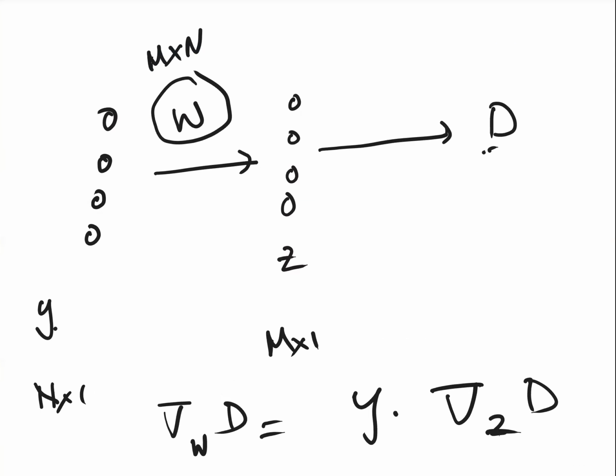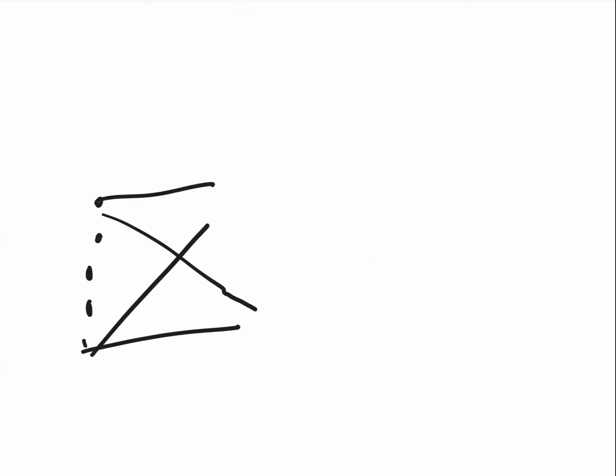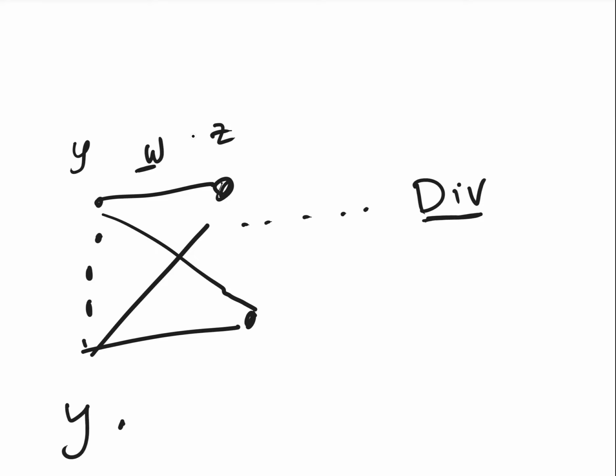So going back to our figure here, if I have a network of this kind where I have some neurons and they're all connected to neurons in the next layer, so this is z here, y here, w here, and these eventually give you the output of the network from which the divergence is computed, then the derivative of the divergence with respect to w is going to be y, the input of the layer, times the derivative of the divergence with respect to the output of the layer.